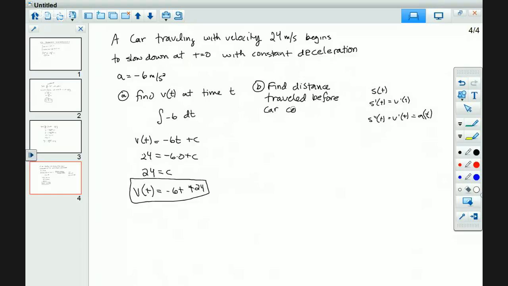Car to a halt. Okay, you have to decipher these.